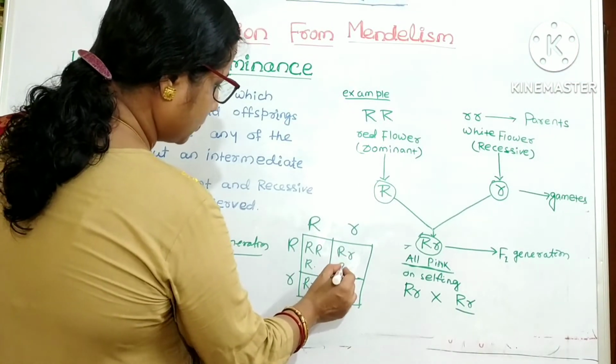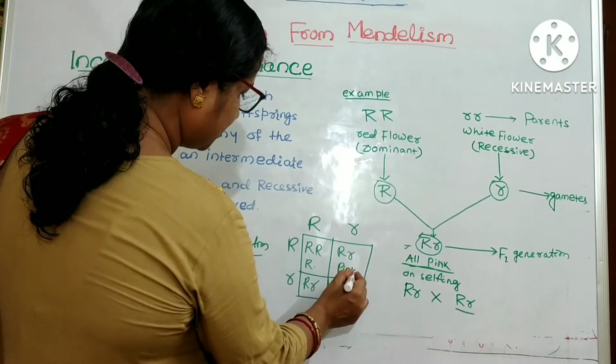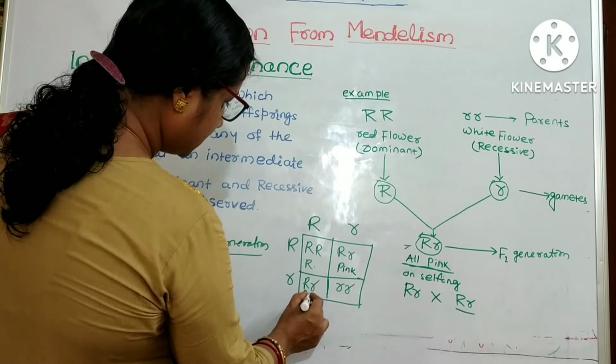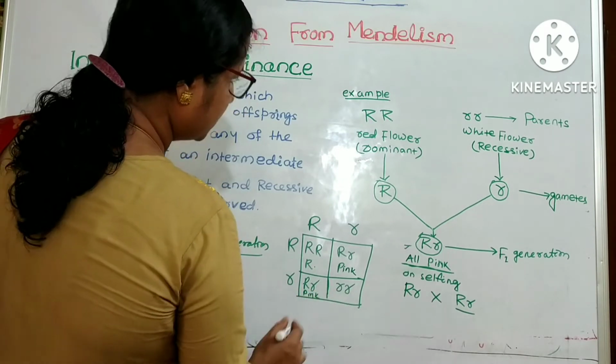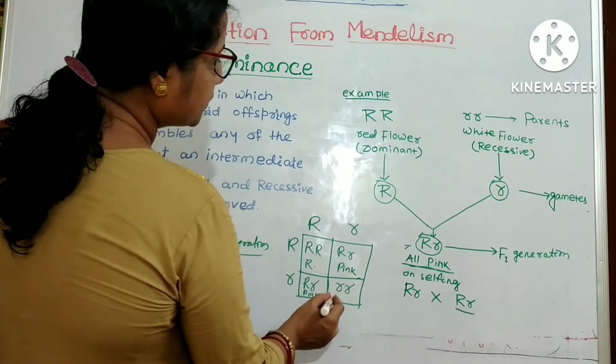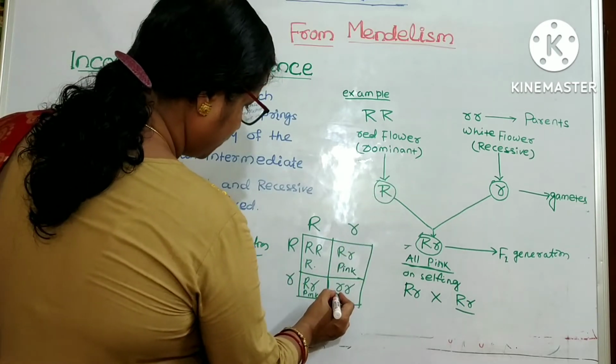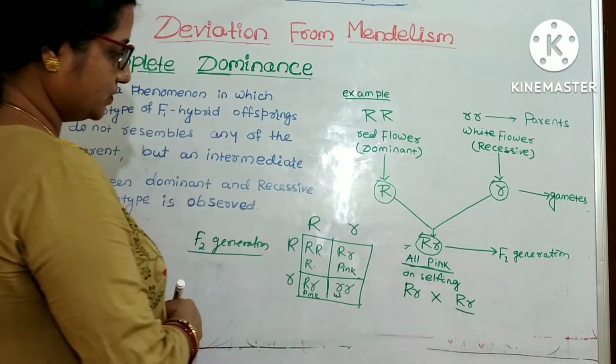So, capital R small r is pink, and here, the recessive homozygous condition, that is white color.